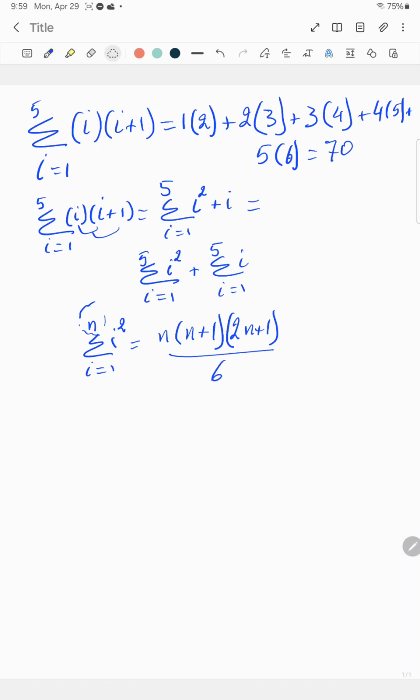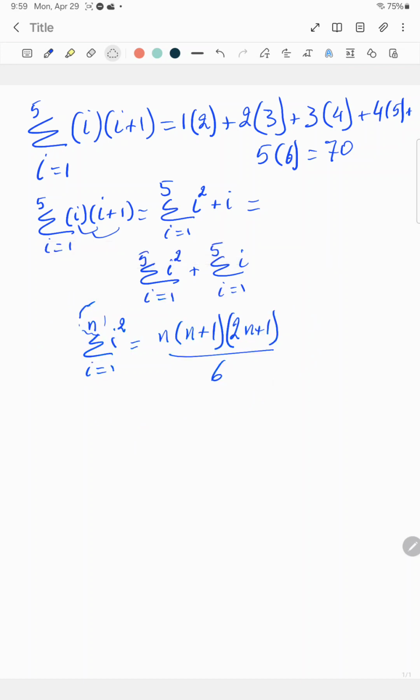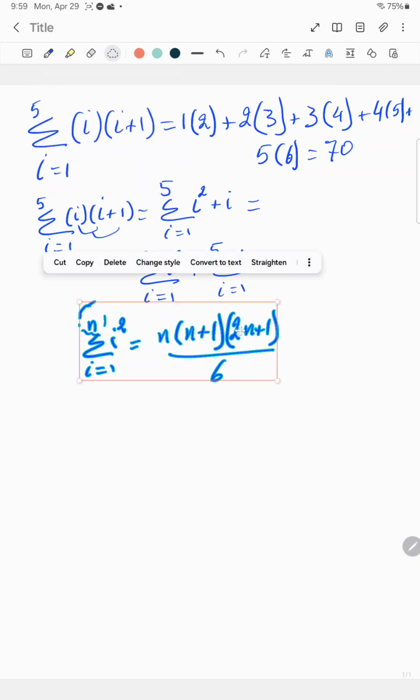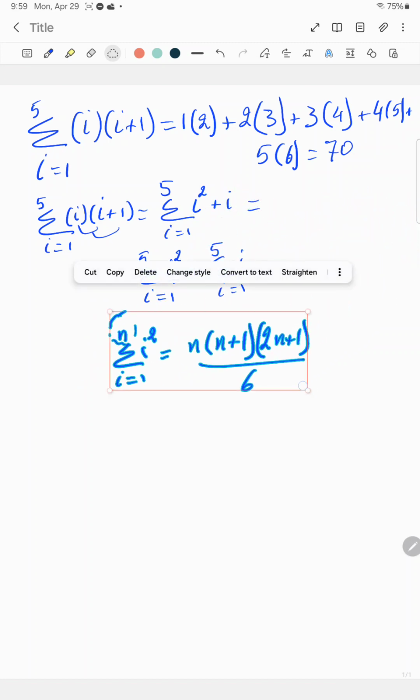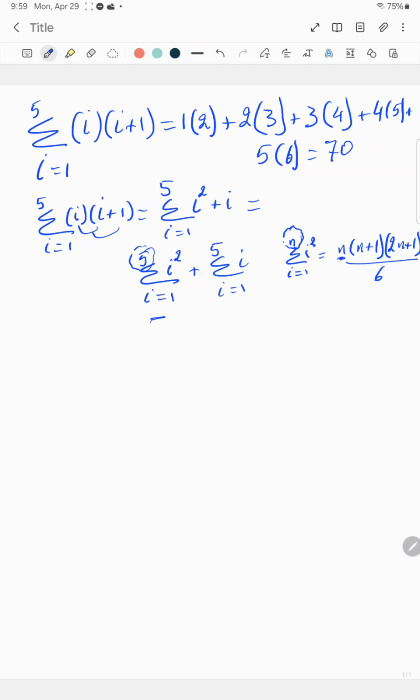So I will take that formula, shrink it, put it here, and apply it for this one. So the n that is here, I have 5, so my n becomes 5. So this becomes 5, 5 plus 1 is 6, and 2 times 5 is 10 plus 1 is 11. So I applied the formula, divided by 6.